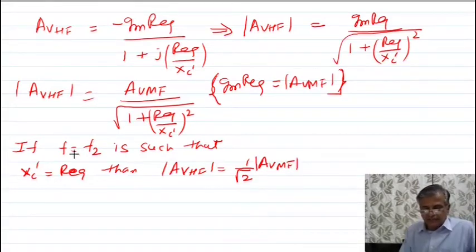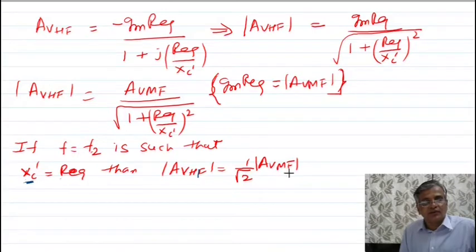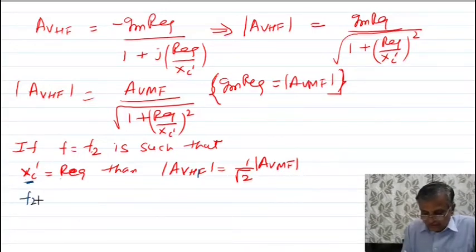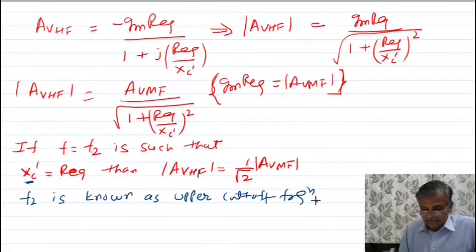Say f is such a frequency at which the reactance XC dash is equal to R equivalent, then the gain of the amplifier at high frequency will be 1 by root 2 times the gain of the amplifier at mid frequency. Then f2 is known as the upper cutoff frequency.